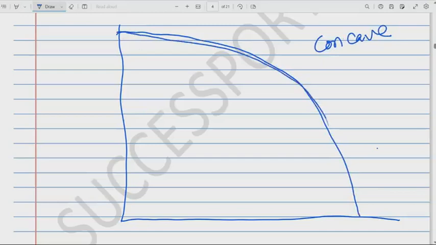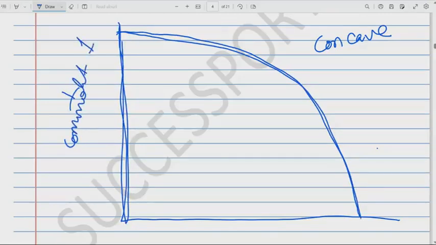Here on the y-axis is one commodity, let's say commodity 1, and here commodity 2. Along the curve here is the maximum output.